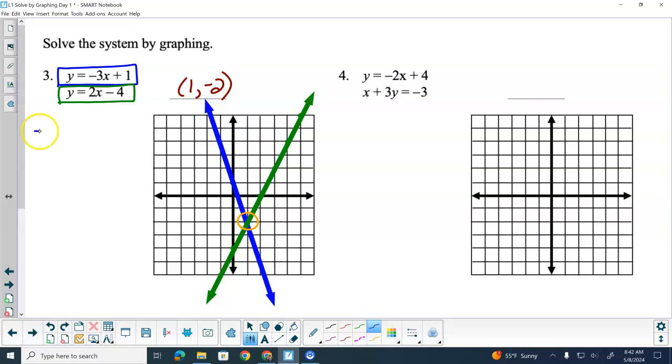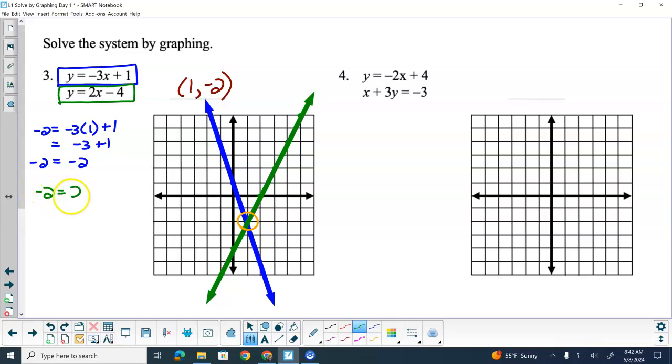So that's going to be negative 2 equals negative 3 times 1 plus 1. Negative 3 times 1 is negative 3. Negative 3 plus 1 is negative 2. And negative 2 is equal to negative 2. So it works there.